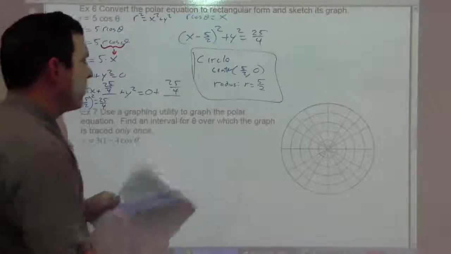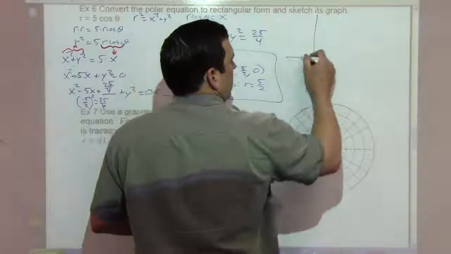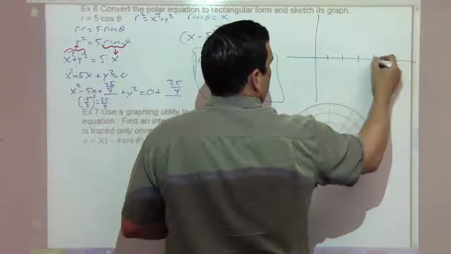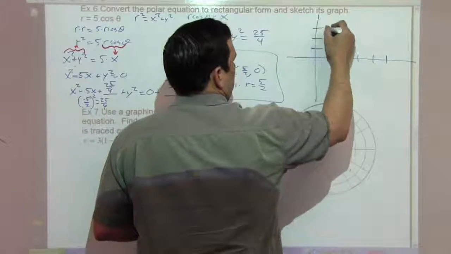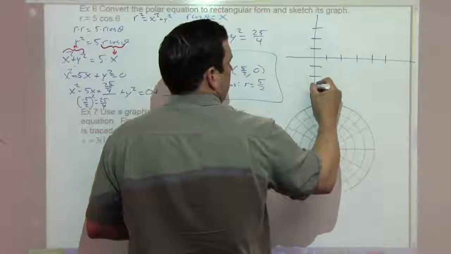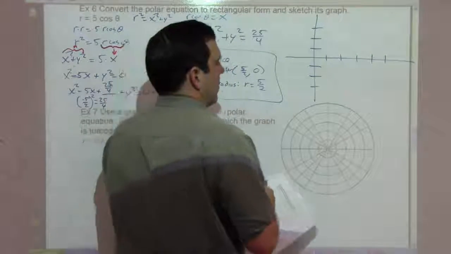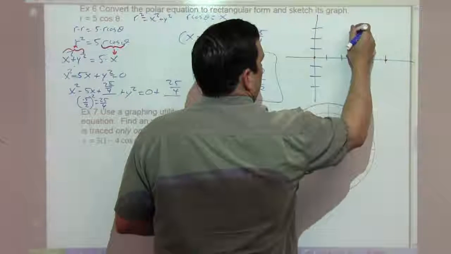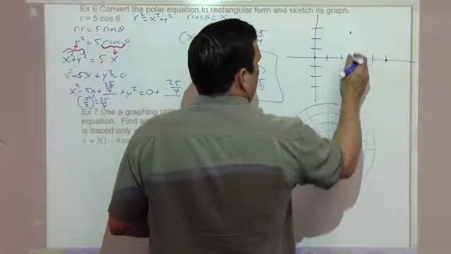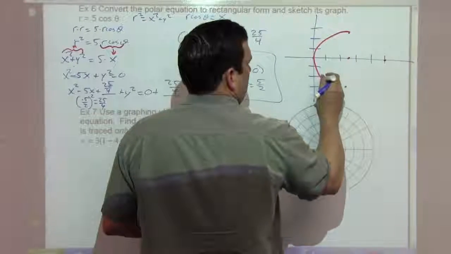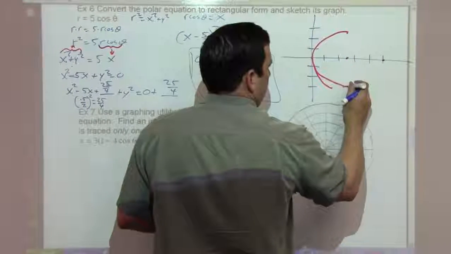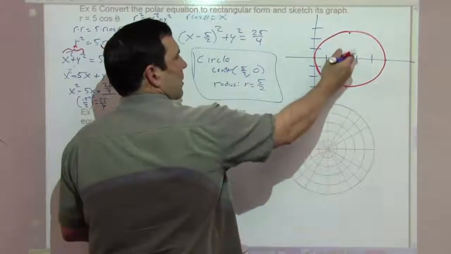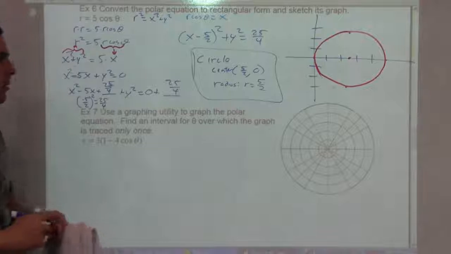And if we're going to sketch the graph, here's our circle, centered at (5/2, 0) with radius 5/2.